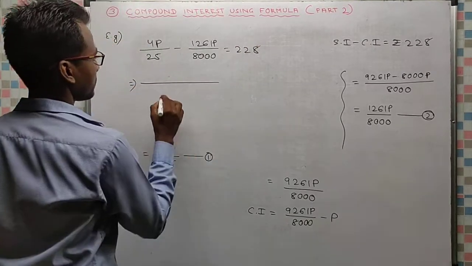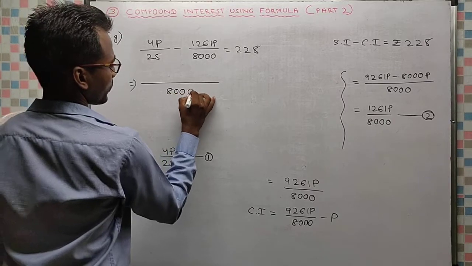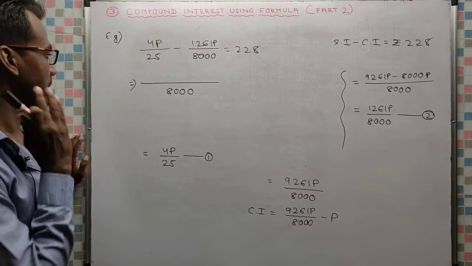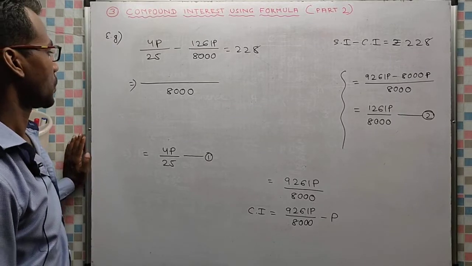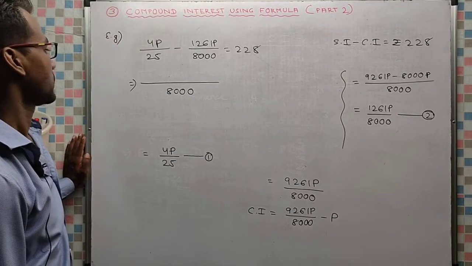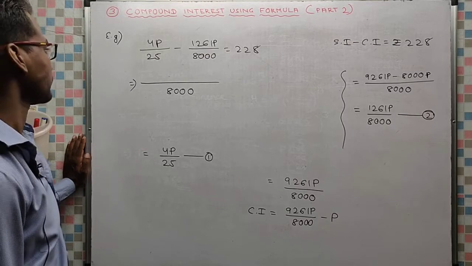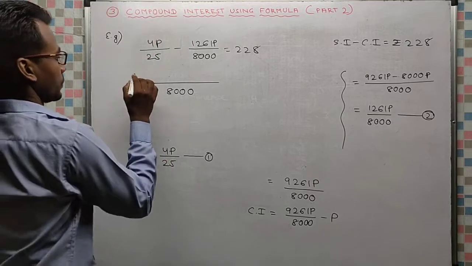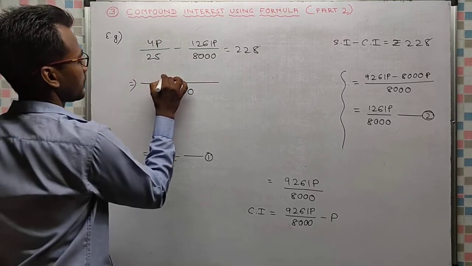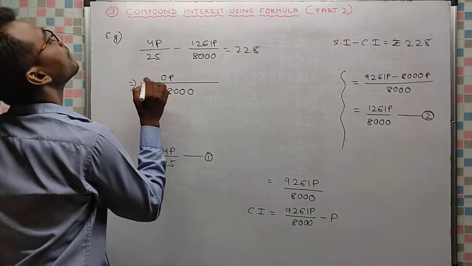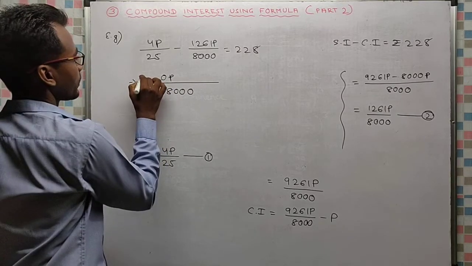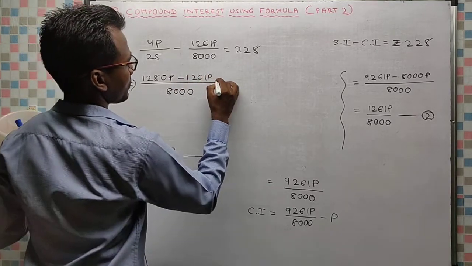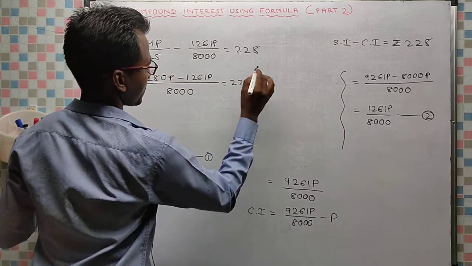On taking LCM, obviously 8000 will be the LCM. So 25 into how much is 8000? 25 into 4 is 100, 4 into 80 is 320, and 25 into 320 is 8000. So 320 into 4 is 1280 P, minus 1261 P is 228.